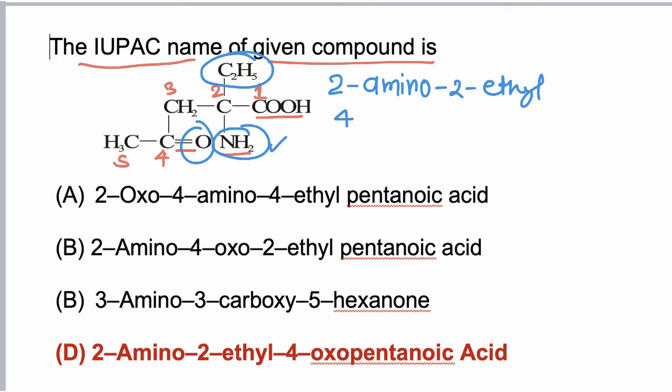At the fourth position, ketone is present, so we can use oxo or keto, both. So 4-oxo. Total 5 carbon, so pentanoic acid, and hence the correct answer is D.